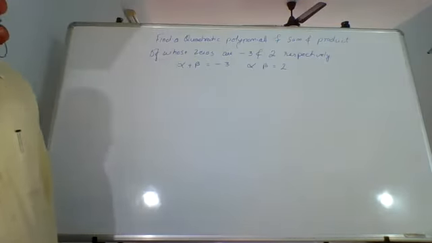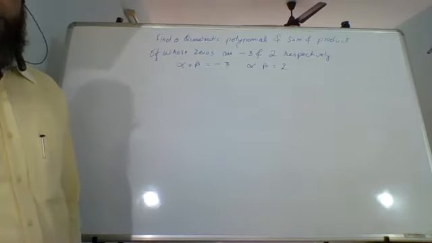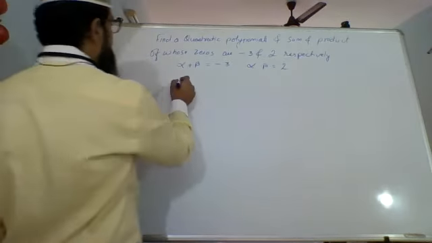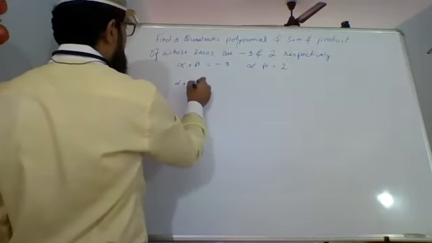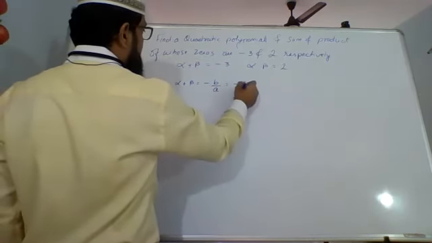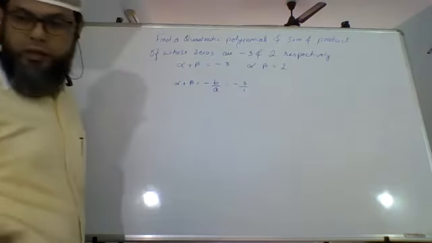We know that the sum is denoted by minus b upon a. So alpha plus beta equals minus b upon a equals minus 3 upon 1.